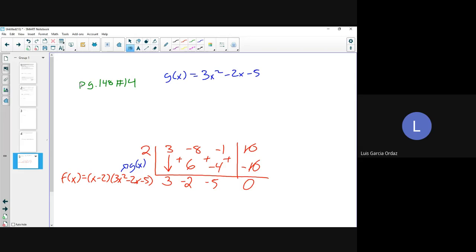Negative 2. And what is our product? Oh, remember it's a times c, right? So negative 15. Okay. So what two numbers, when multiplied together, give us negative 15 and add up to negative 2? 5, 3.